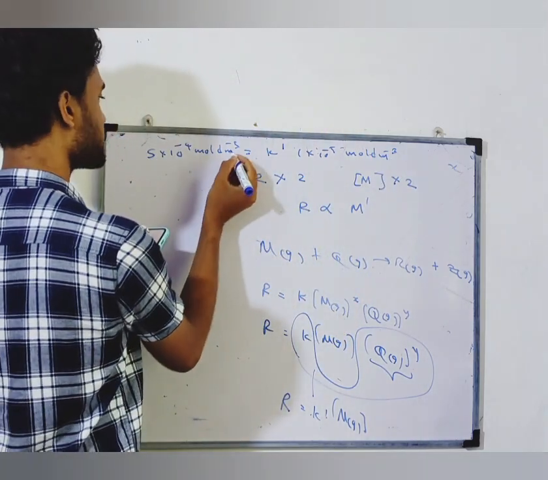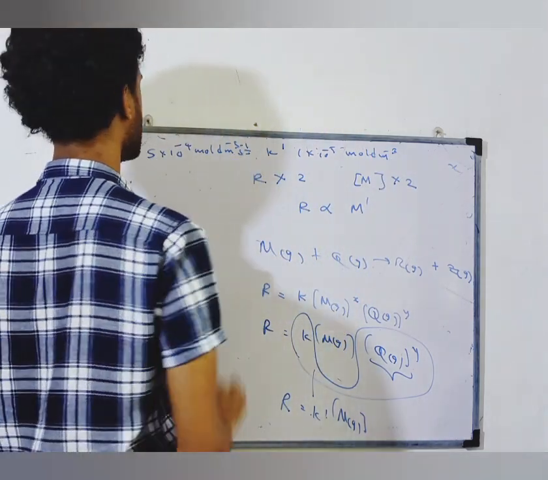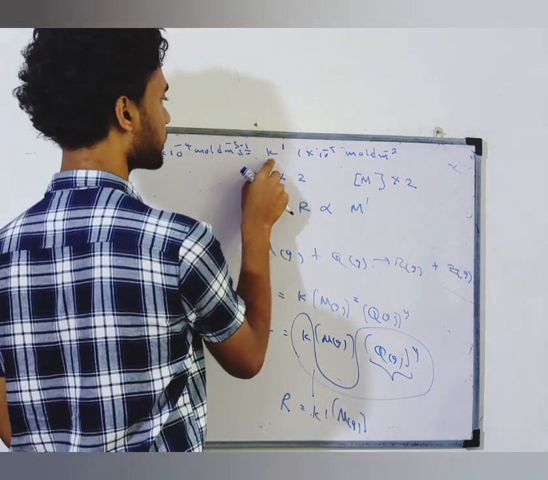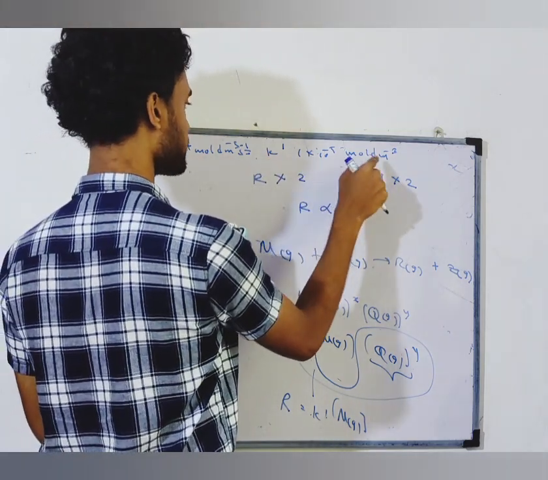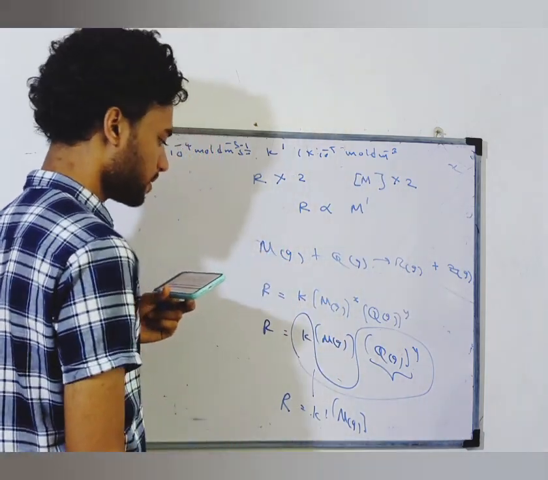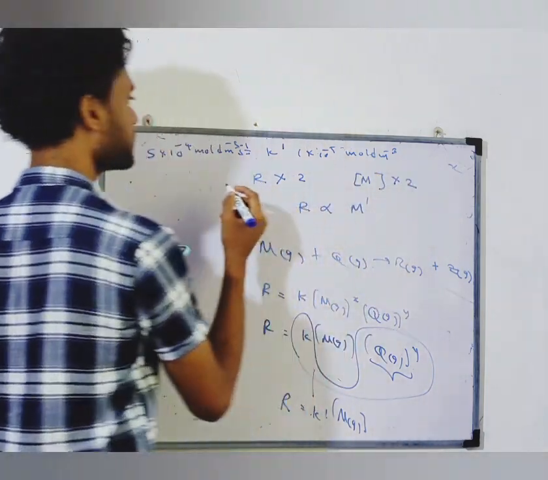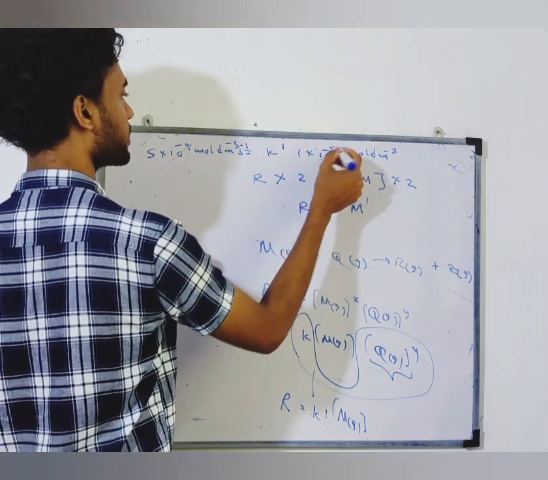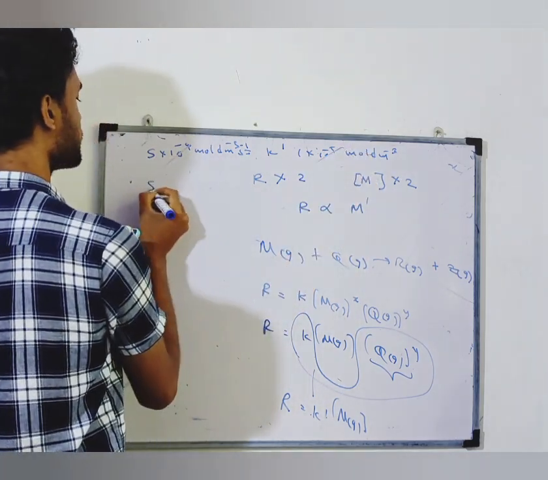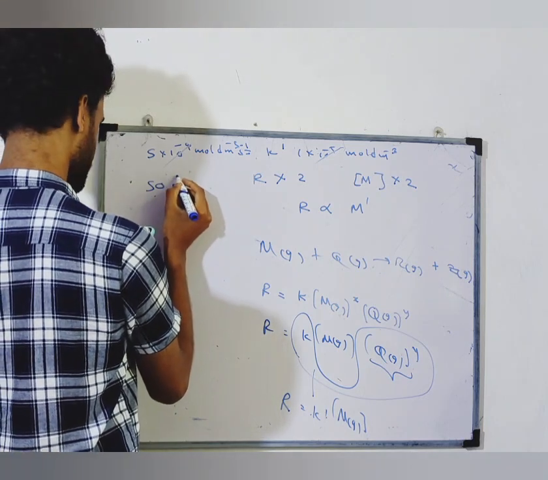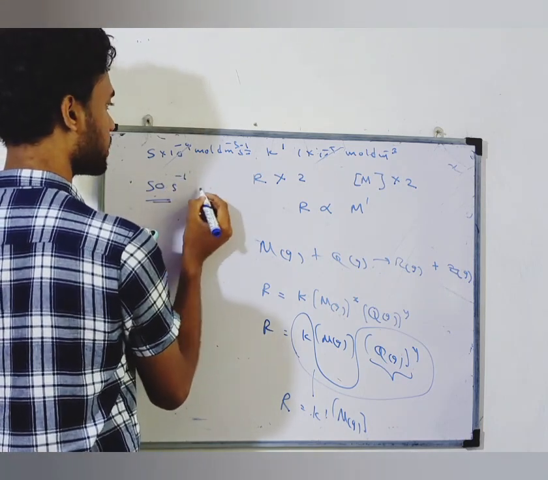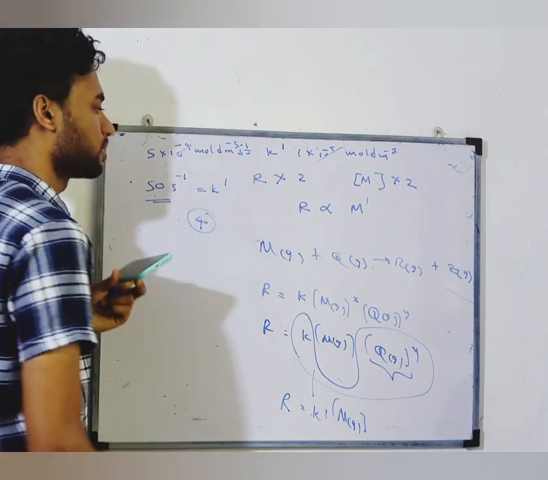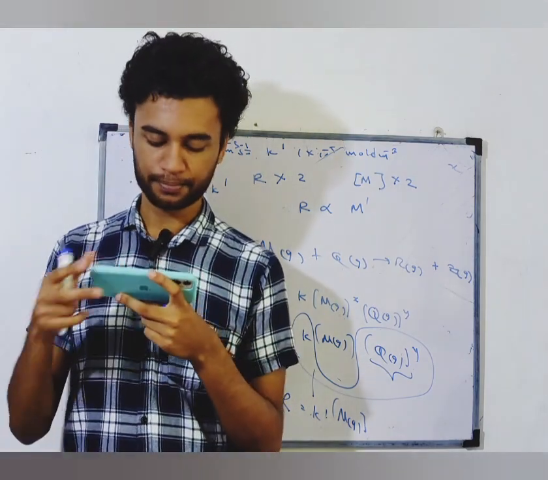Then when you simplify, this cancels, then you get 10 to the minus 1 here, then 50 per second. That's K dash. So the answer is going to be the fourth one. Is that clear? The answer is going to be the fourth one.